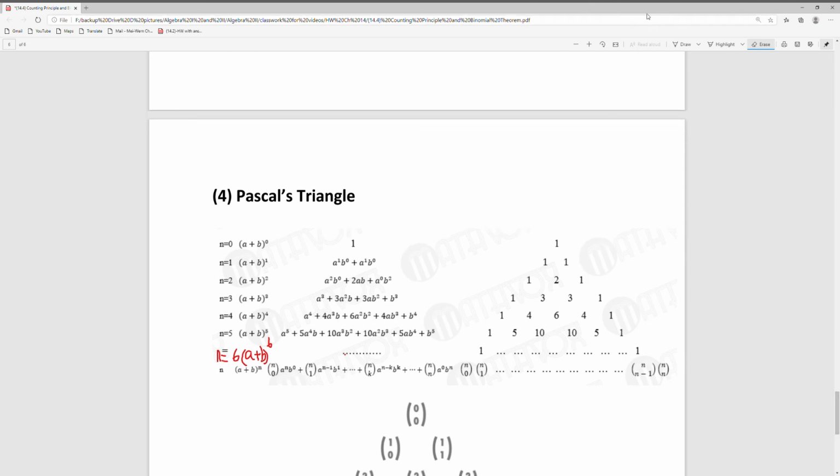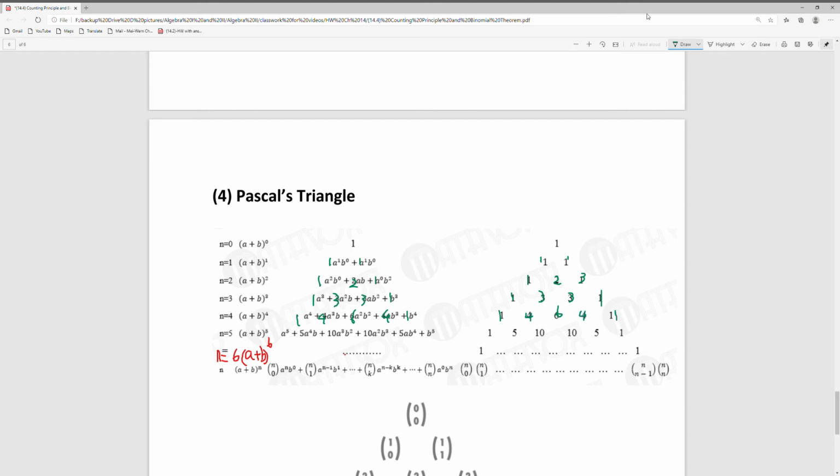So before we keep going, let me show you a very interesting thing. The coefficients 1, 1. We make it here. Coefficients 1, 2, 1. We just copy our result. 1, 3, 3, 1. And then 1, 4, 6, 4, 1.